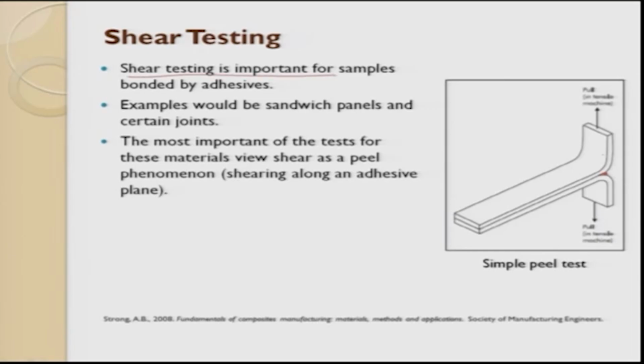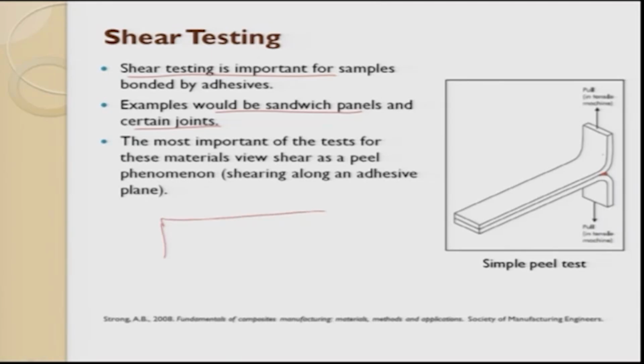So the shear test is an important sample bonding test wherein we study adhesion. There would be sandwich panels of certain use, for example, metal versus polymer, polymer, CFRP, GFRP, polymer with a honeycomb structure. So in all these things, there will be a core difference.